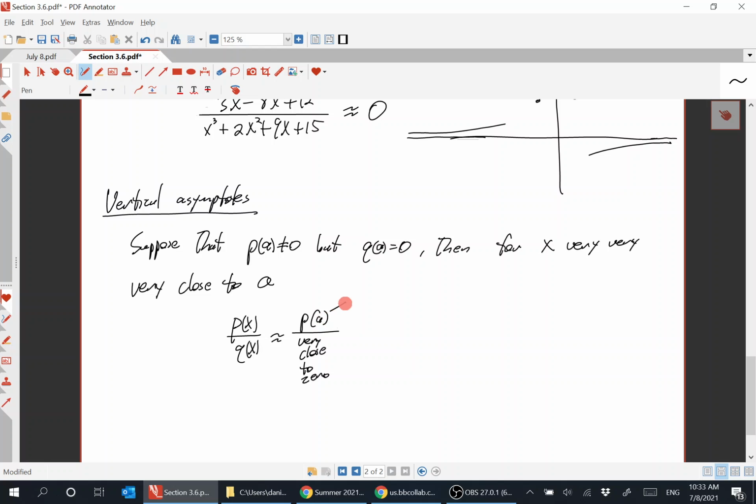So it's p of a, which is non-zero, over something very close to 0.